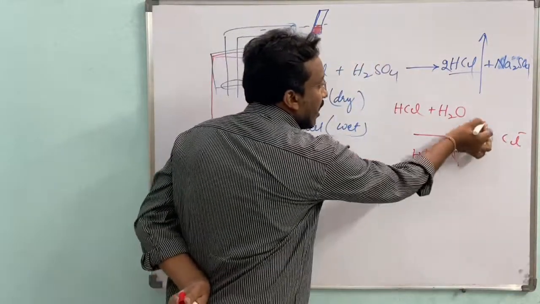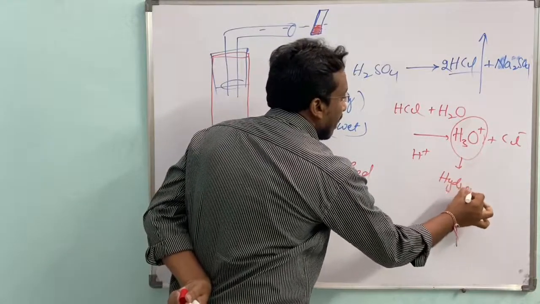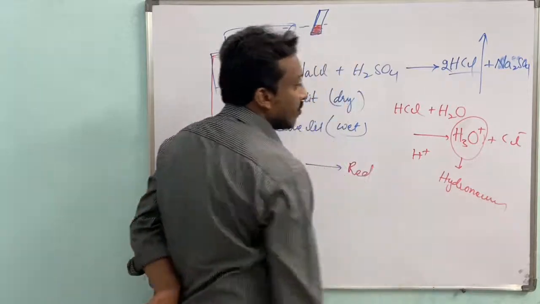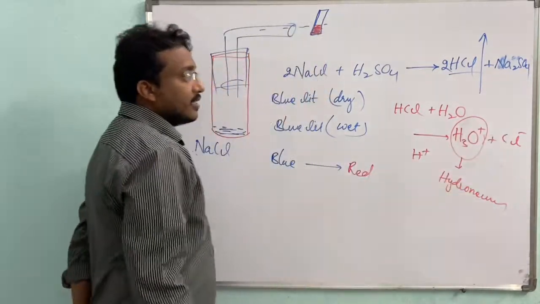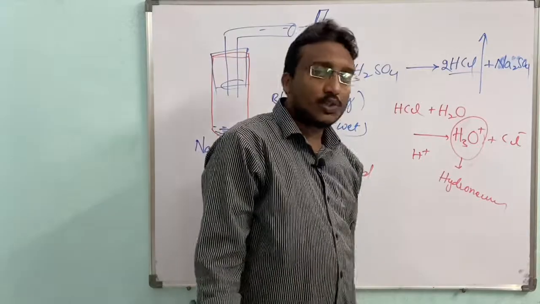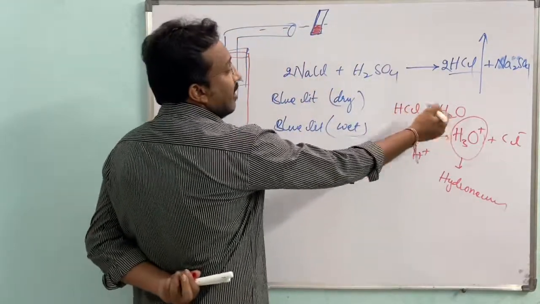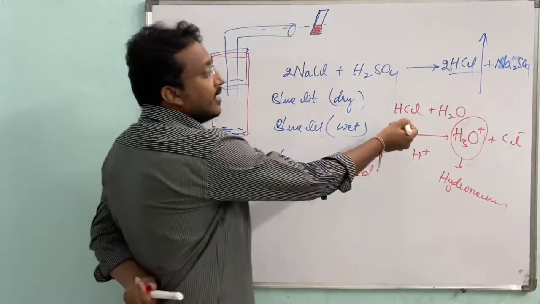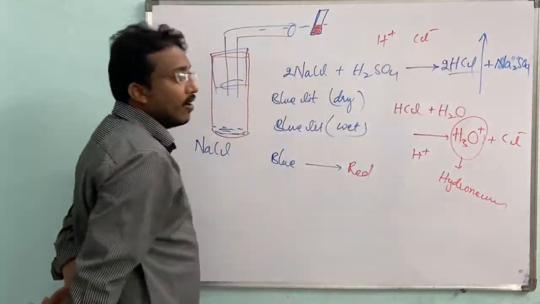This is called hydronium. When HCl reacts with H2O, it dissociates into H plus and Cl minus ions.